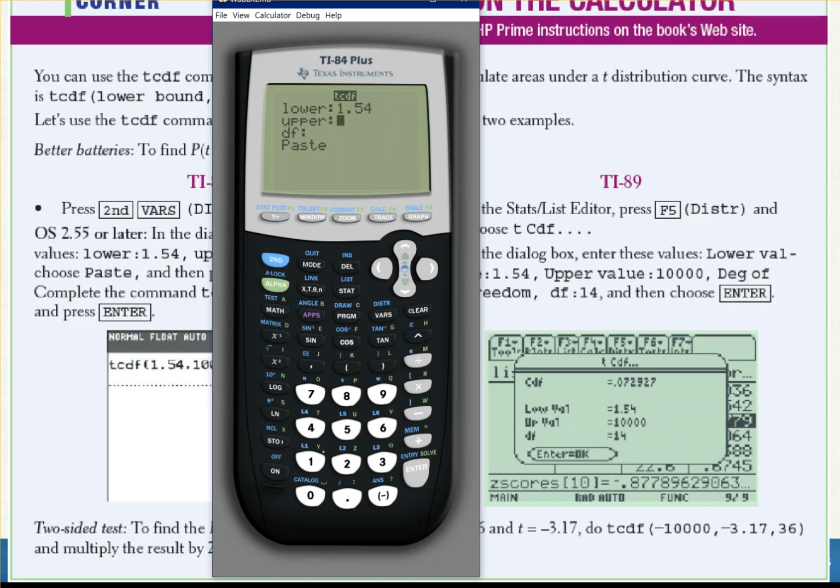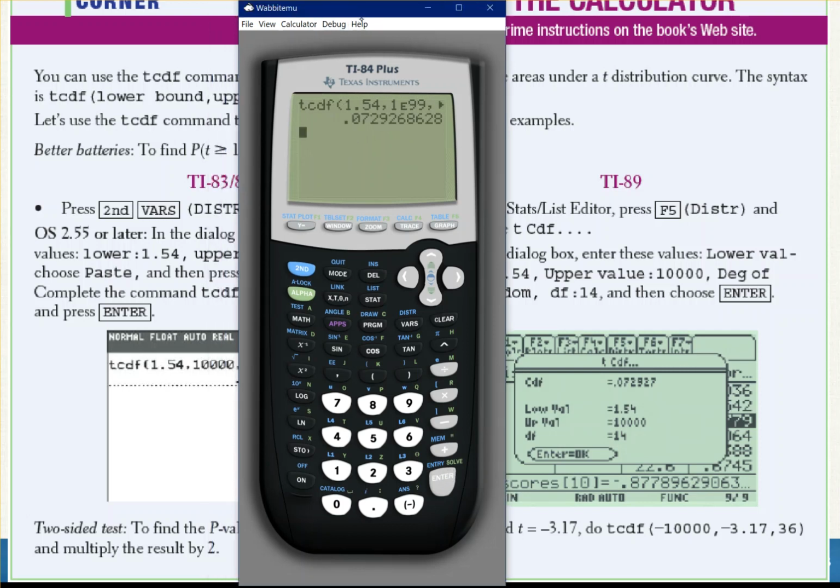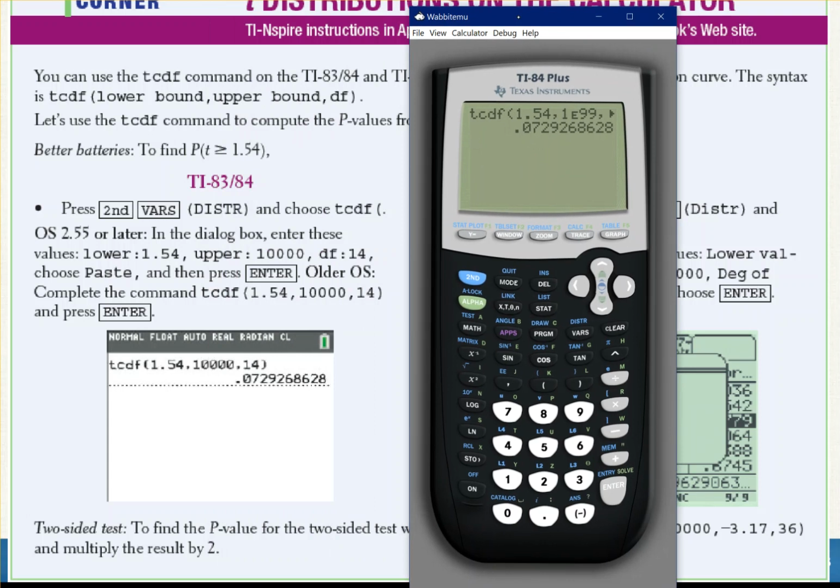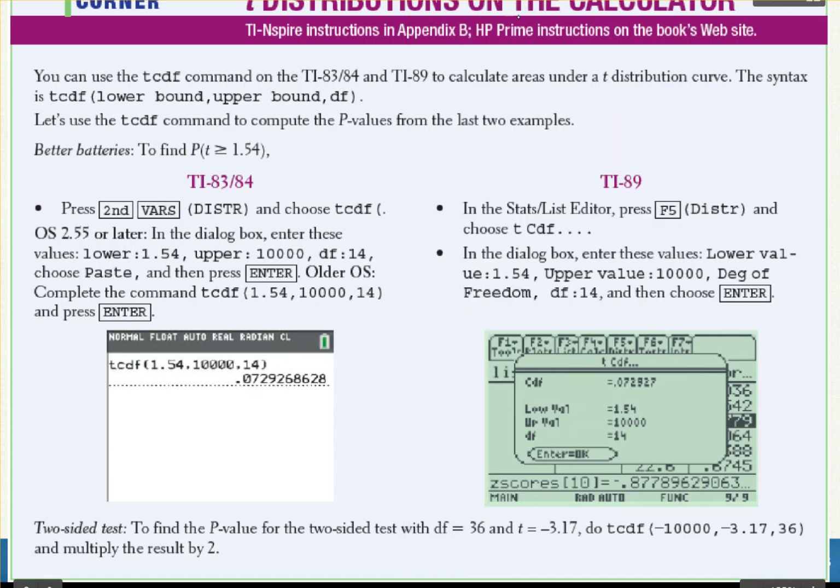Upper we could do a big number. You could just do like 10,000, or I always just do 1E99. Degrees of freedom, that was 14, I believe. And so we go ahead and paste, hit enter one more time. Remember, we said it was between 0.05 and 0.1. Here it ends up being 0.073, which is right where we thought it would be. And remember, like in 9.2, if we have a two-sided test, we would just multiply this number by 2.